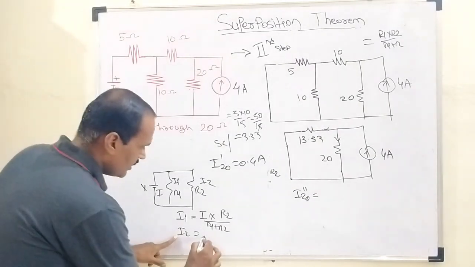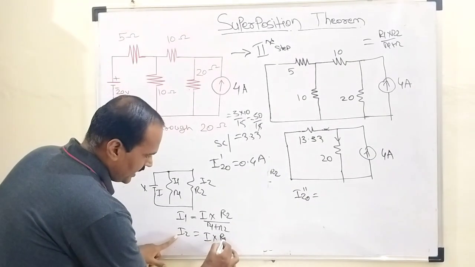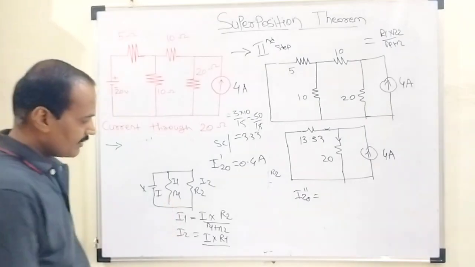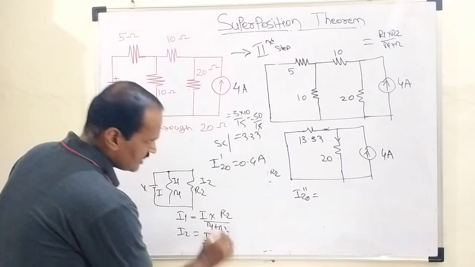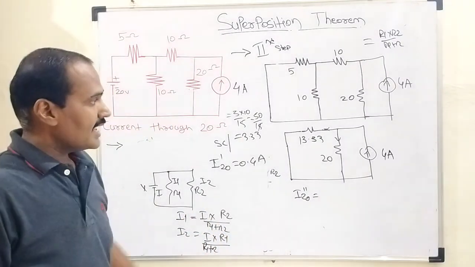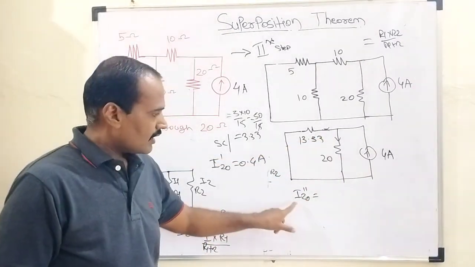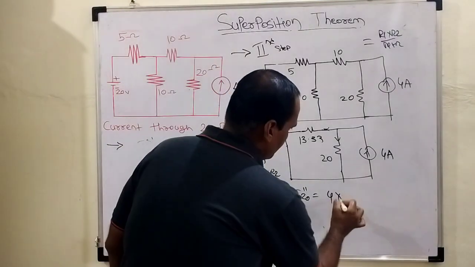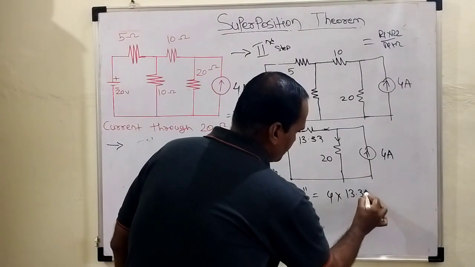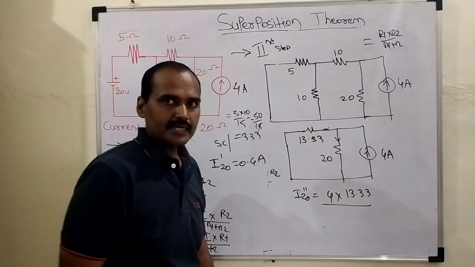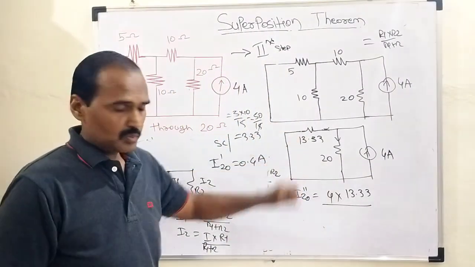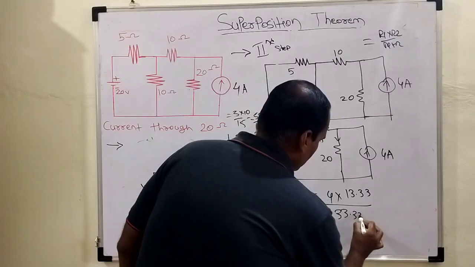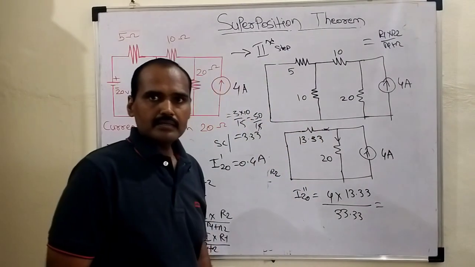The only difference is that here the total current is multiplied by R1, the resistance in its opposite arm, divided by the sum of these two resistances, R1 plus R2. So the same concept we need to use here. I20 double dash equals the total current 4 ampere multiplied by the resistance in the opposite arm, 13.33, divided by R1 plus R2, which is approximately 33.33.